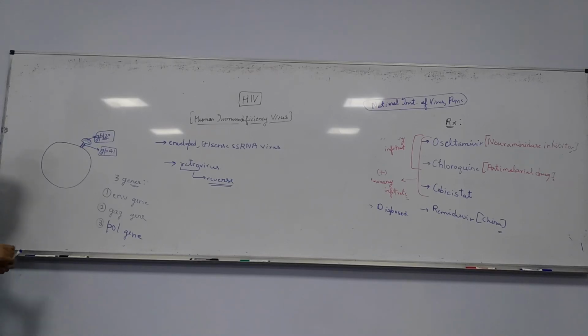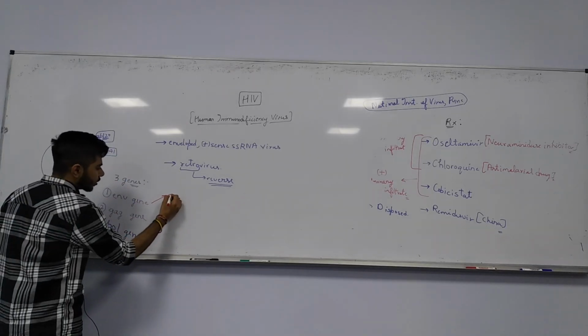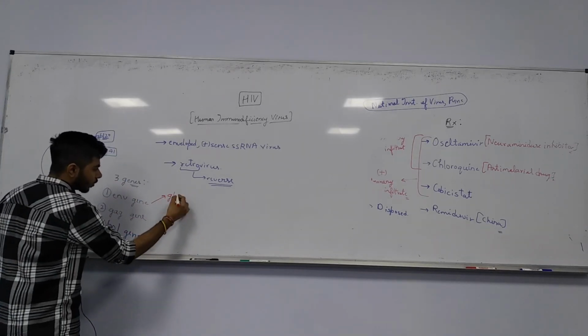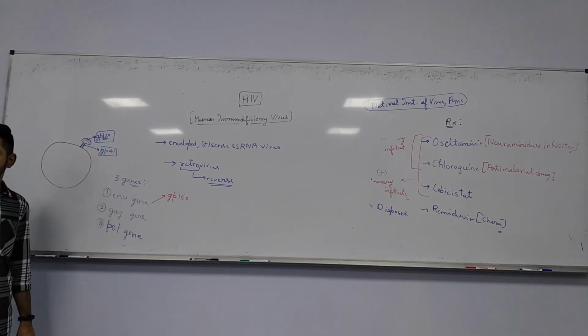Now let me introduce some things over here. The ENV gene has two components. First of all, we have the glycoprotein 160, GP160.